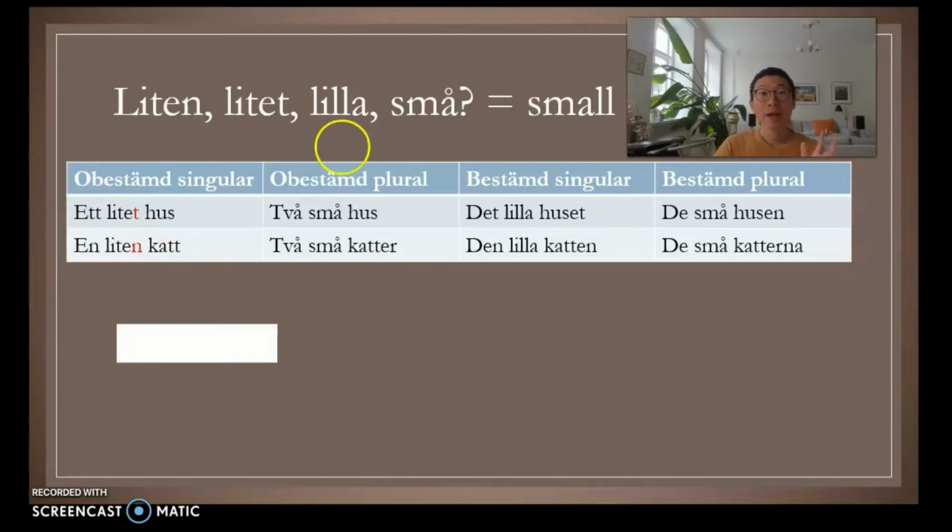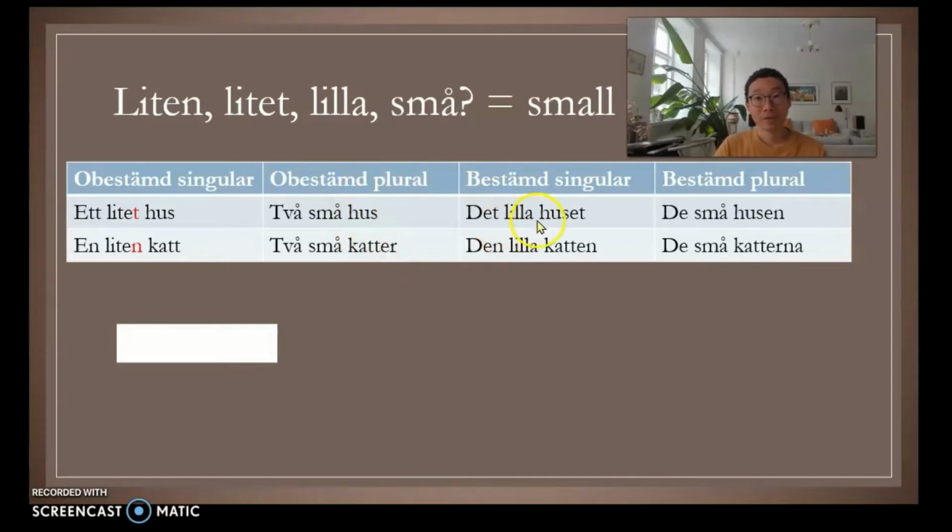And små is actually the plural form of litet and liten. So plural indefinite form, plural obestämd form, for example, två små hus, två små katter. So små is the plural form.